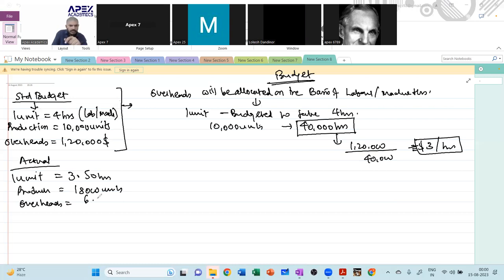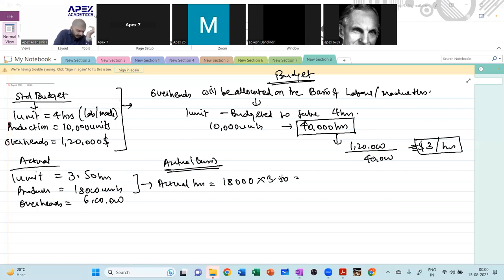And your overheads are 6 lakhs. It's possible. Now, on an actual basis, the actual hours worked is 18,000 multiplied by 3.5.